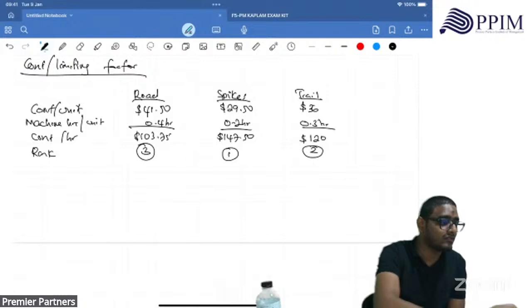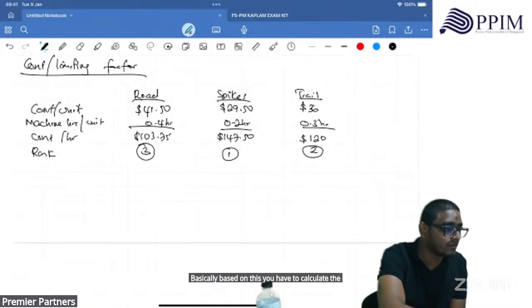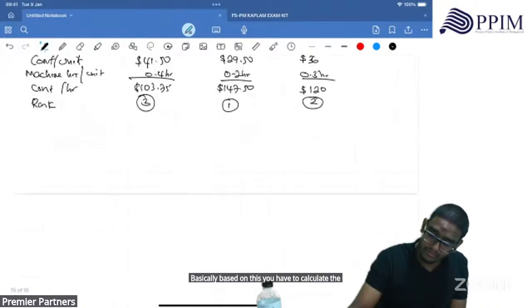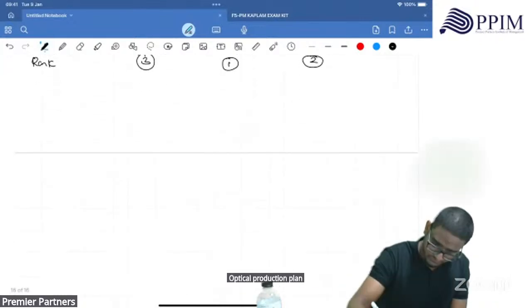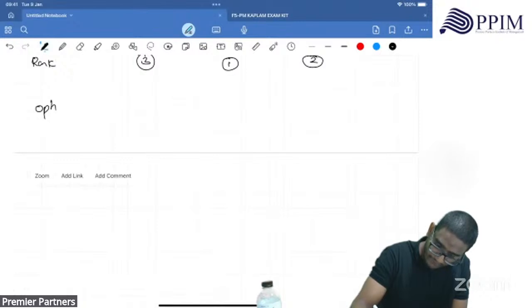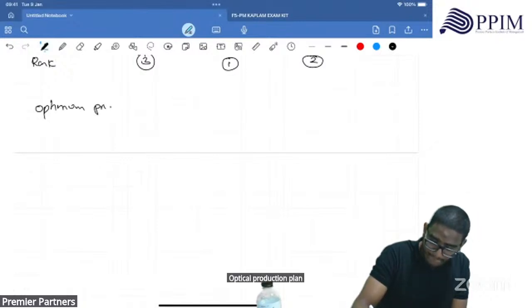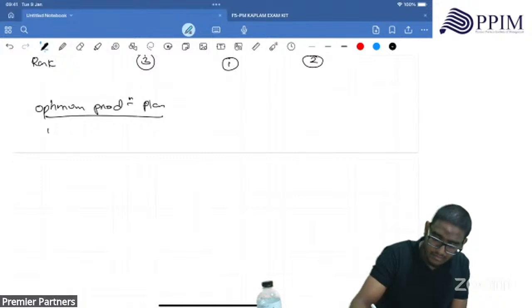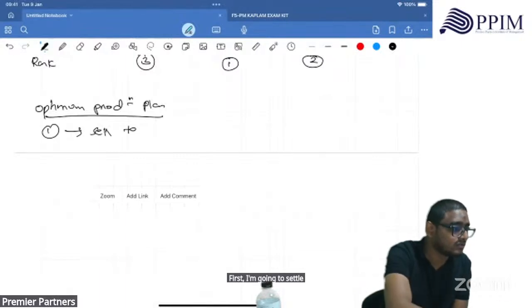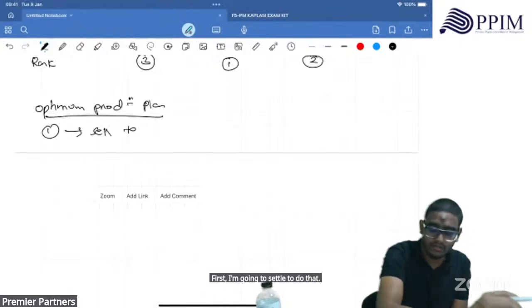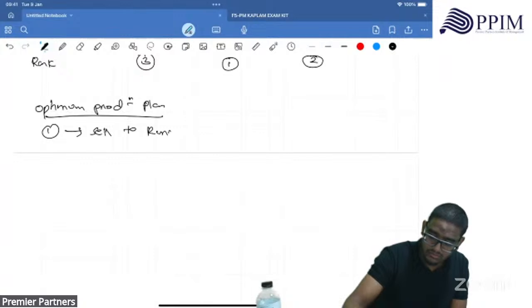Basically, based on this, you calculate the optimum production plan. First, we are going to sell to Runway, then mark down.